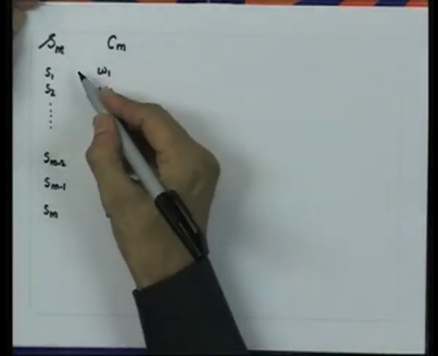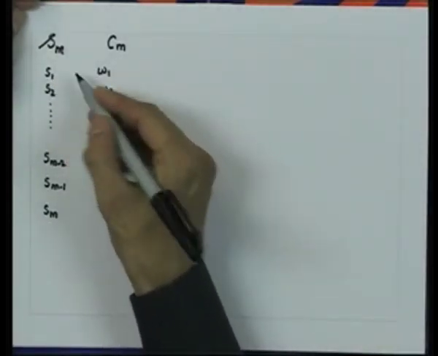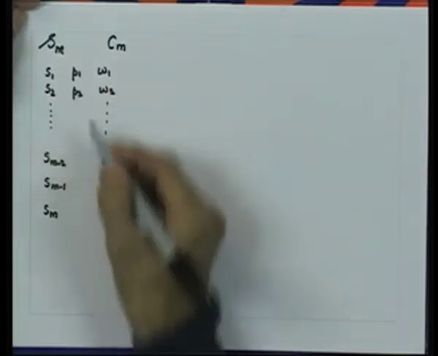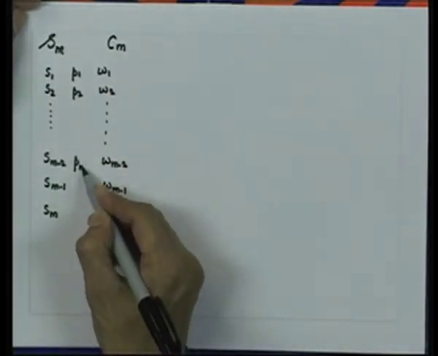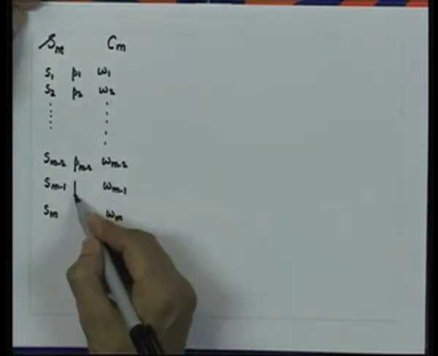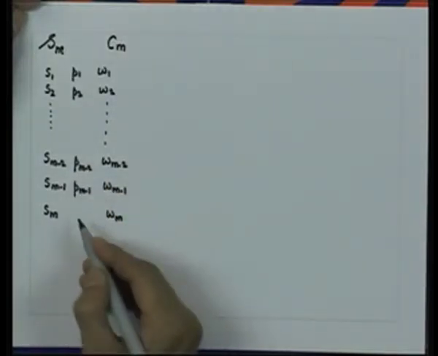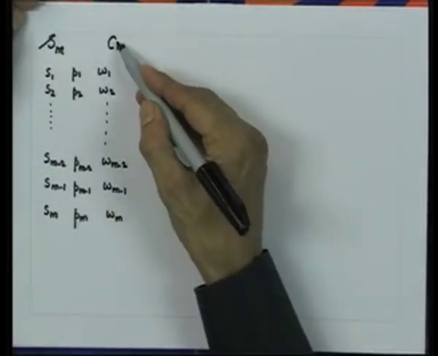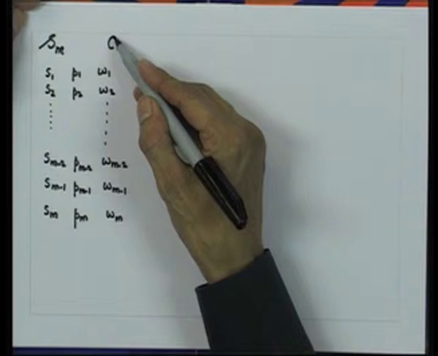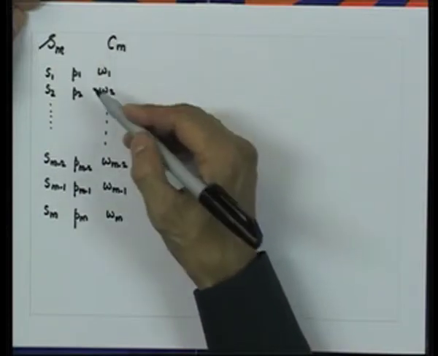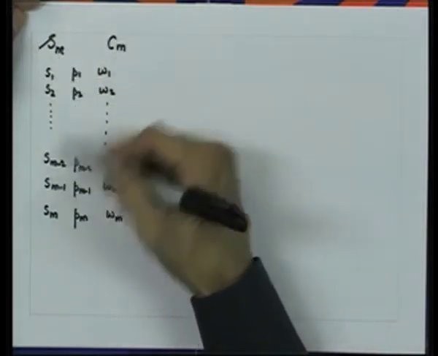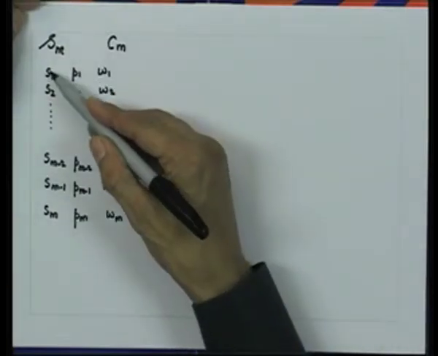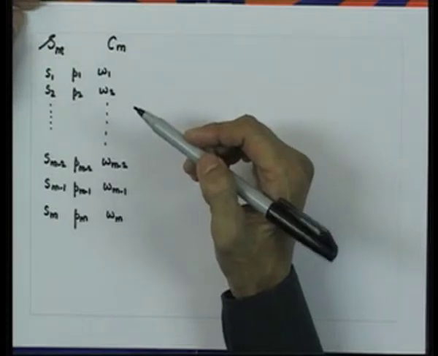Let us assume that the associated probabilities with these letters are P1, P2, up to Pm. So my problem is to find an optimum code C_m for this alphabet with these probabilities. The alphabet is of size m.